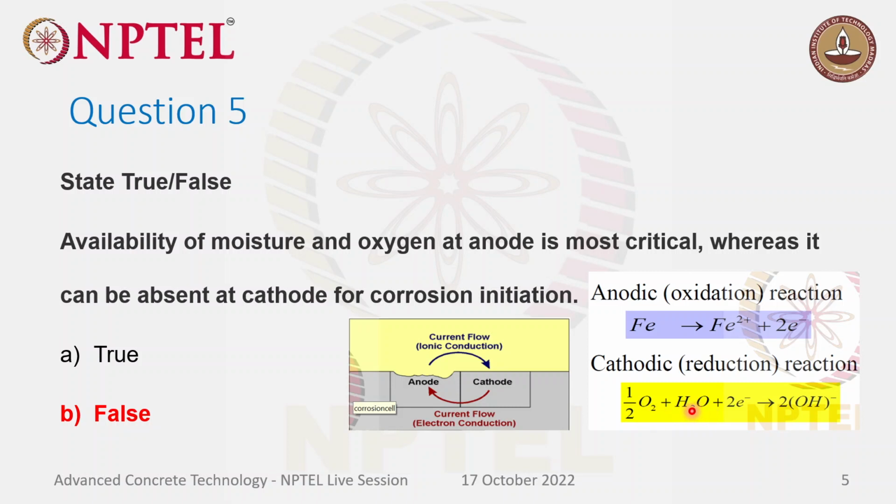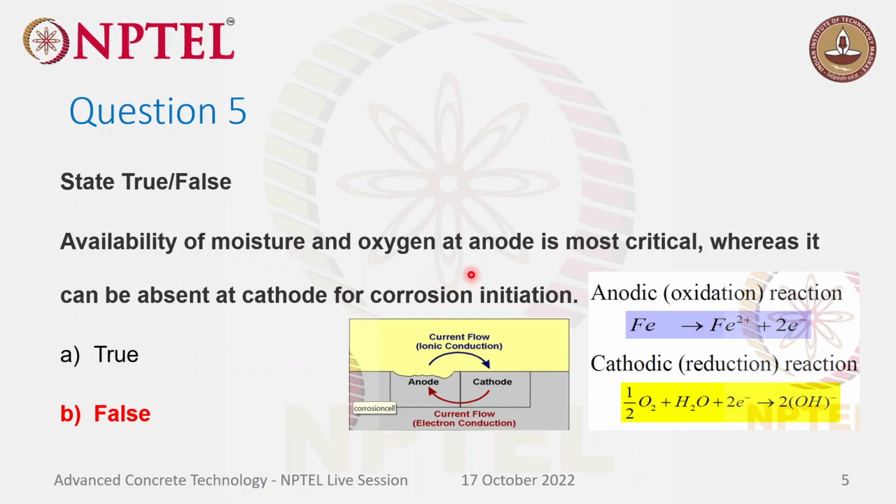We need the supply of both oxygen as well as moisture, and with this, the electrons released from the anode form hydroxyl ions, which causes the corrosion process to continue. So we need both oxygen and moisture to be present at the cathode for the corrosion process to continue. So availability of moisture and oxygen at the anode is not most critical.